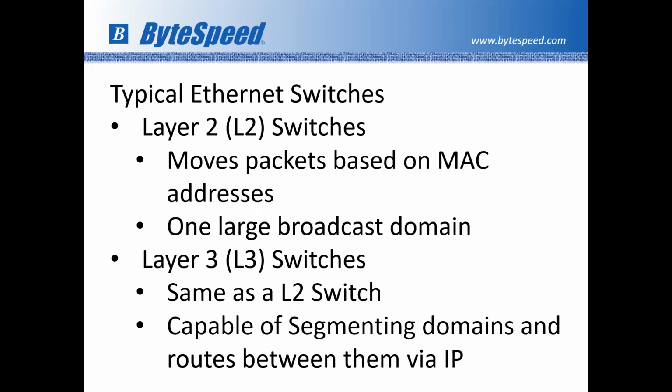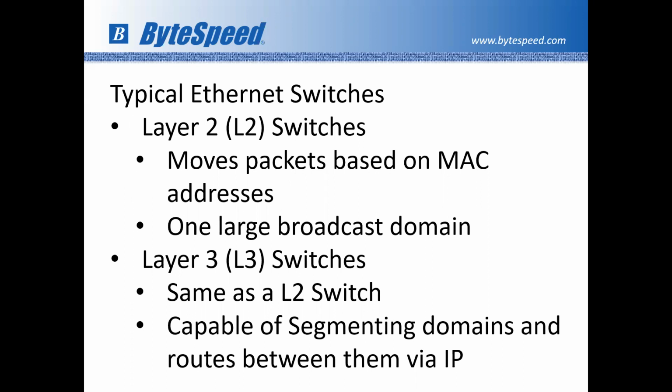Technically there is just one broadcast domain between the switch and the device. But if you're broadcasting in layer 3, that does still get broadcasted across the rest of the network. They move packets based on the MAC address of your network card.